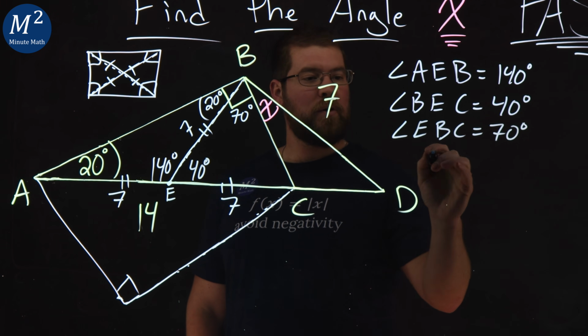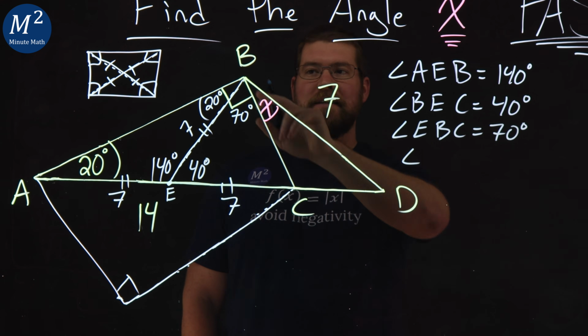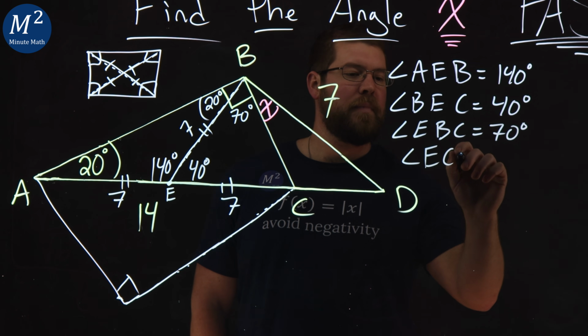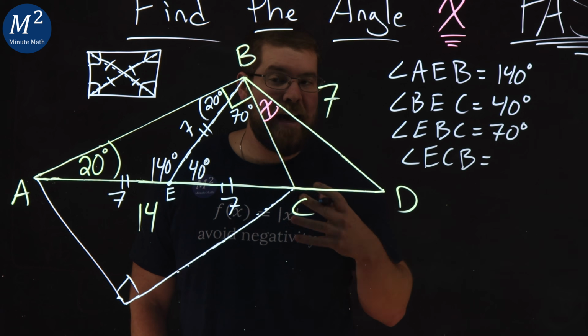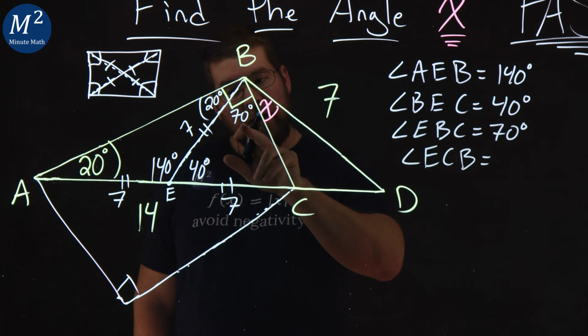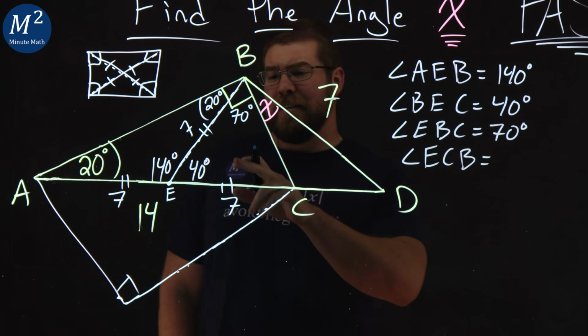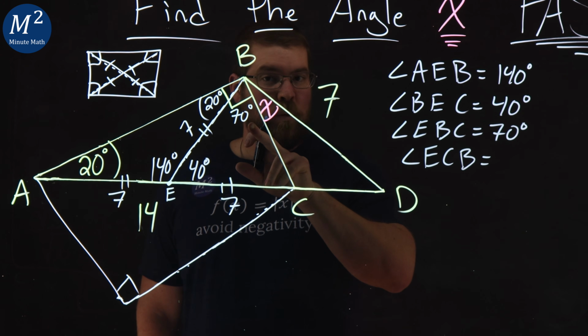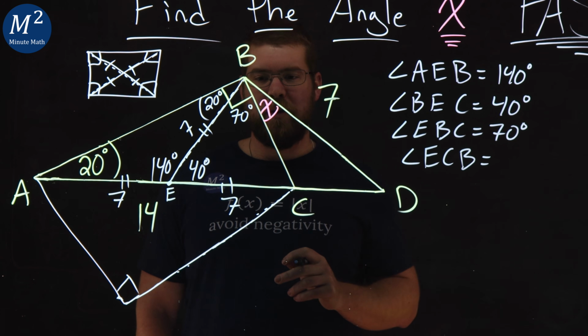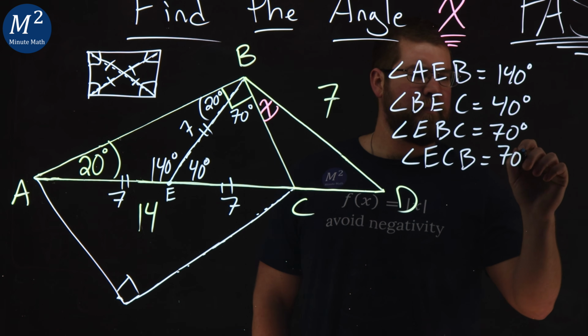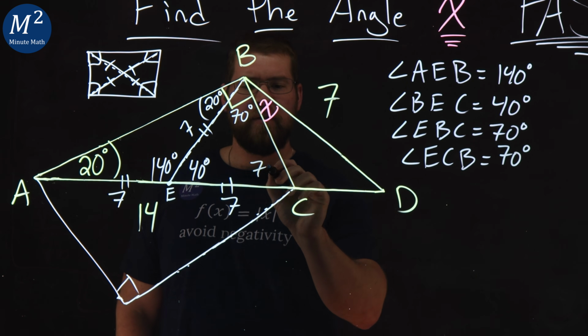What about angle ECB? We're getting all these angle measurements here. ECB, again, that has to add up to 180 within a triangle. Hopefully you remember that. So 180 minus 70 is 110, minus a 40 gives me another 70 degrees. Okay, so we have 70 degrees right here.